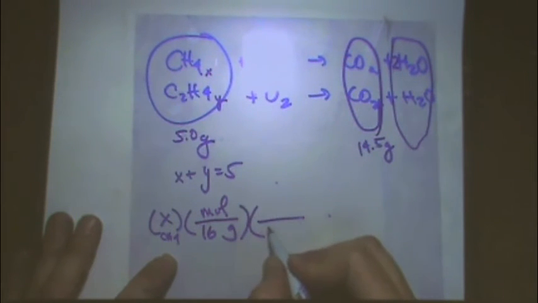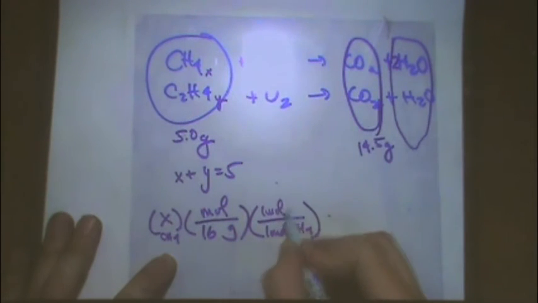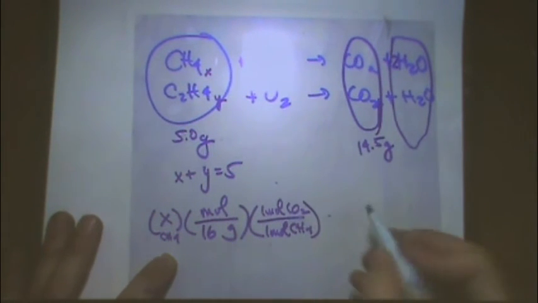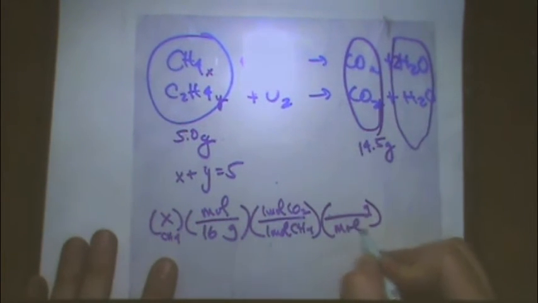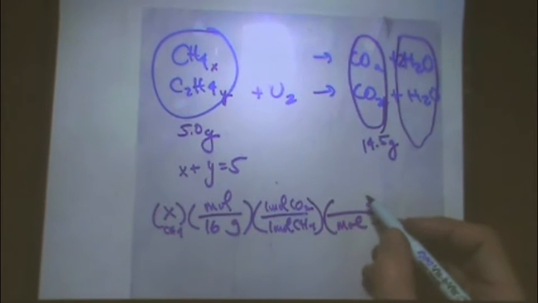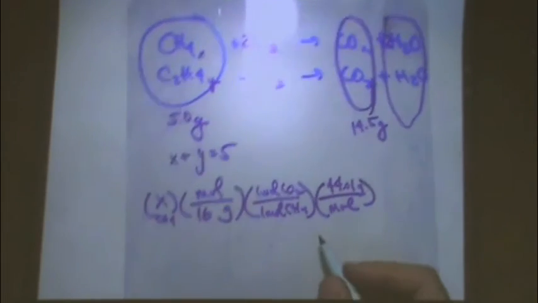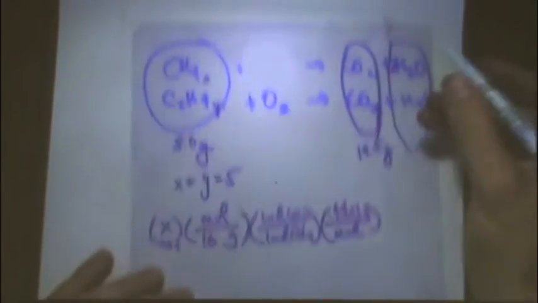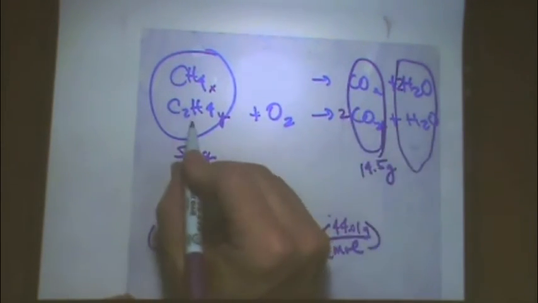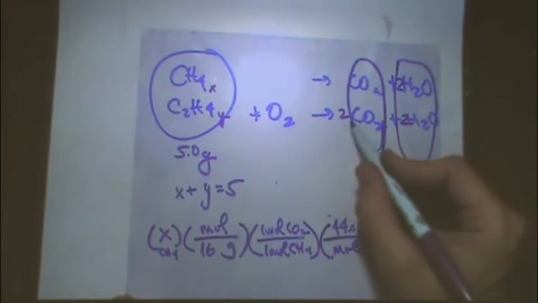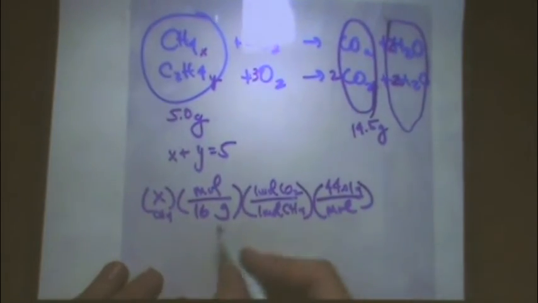And then there's 1 mole of CH4 for every 1 mole of CO2 in products. And then I'm going to convert to grams. You'll see why I'm doing this in just a second. And this is for CO2, 44.01. Okay, now unfortunately I have to balance this second one now. So this is 2, 2, 4, that's a 2. This is 4, 5, 6, a 3 here I think. Okay, I think that's it.